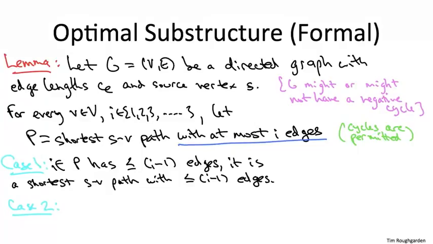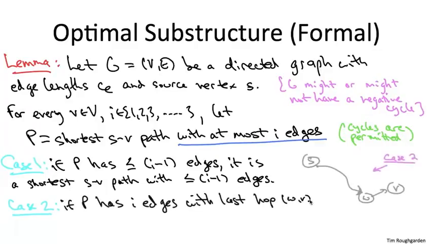The non-trivial case is when the shortest path with at most I edges from S to V actually uses its full budget, all I of its edges. So by analogy with all of our previous dynamic programming algorithms, where we think about plucking off the final part of an optimal solution, here we're going to pluck off the final edge from the path P. What do we get? A path with one fewer edge, so that's good. It's going to correspond to some smaller subproblem because it has at most I-1 edges.